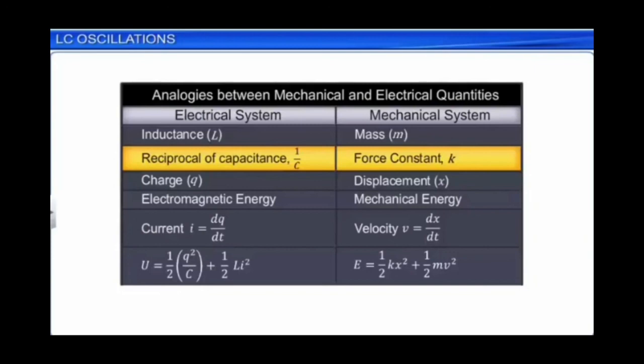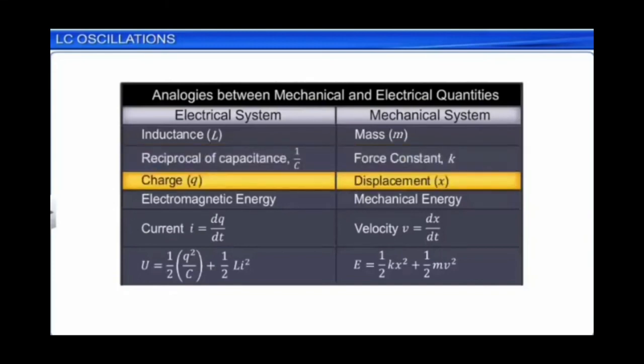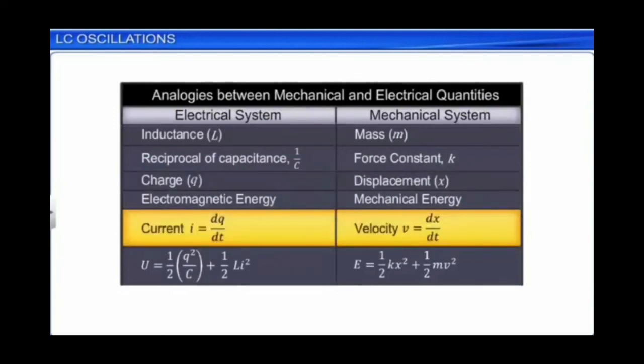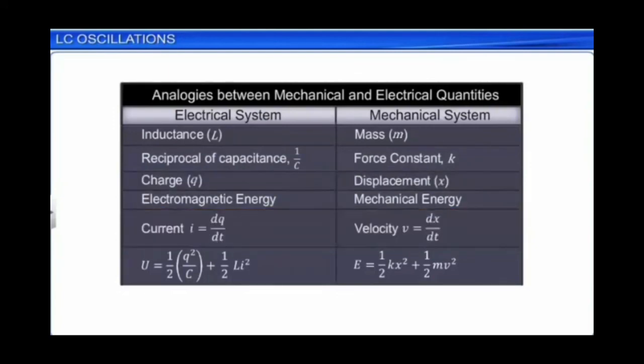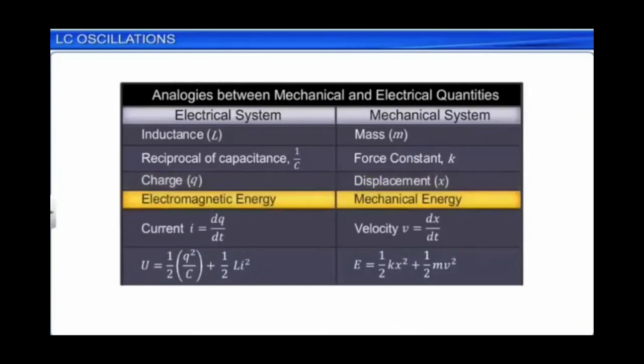Electromagnetic energy is analogous to mechanical energy. And the current I is analogous to velocity dx by dt. And the expression for total energy becomes half q square by C plus half L i square, which is the same as half k x square plus half m v square in the case of a loaded spring.